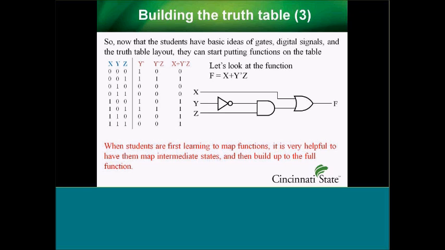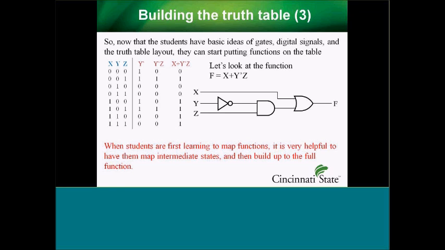Well, okay. So typically, one thing I have to be very careful of is that students will very quickly try to map out that entire function. They'll try to do it all in their head, and that doesn't work. And I try to tell them, no, you can't do that. What you need to do is put these intermediate states up on the truth table.